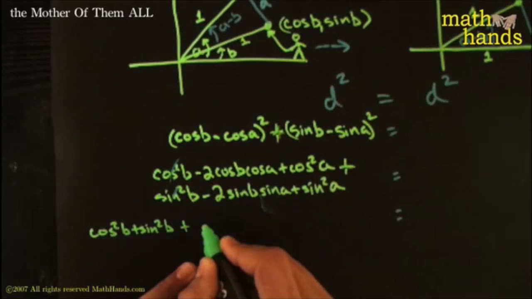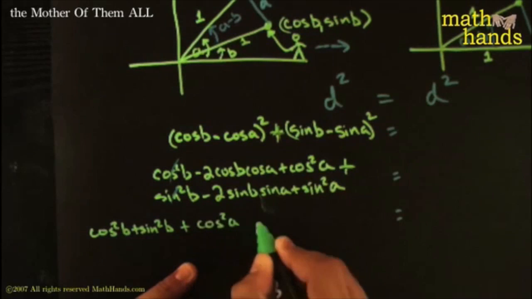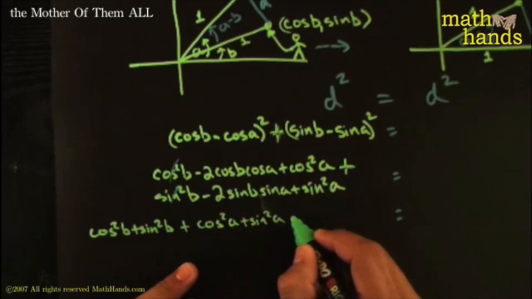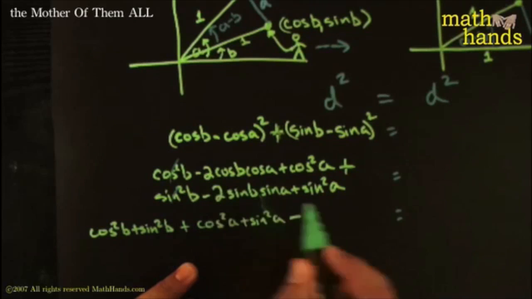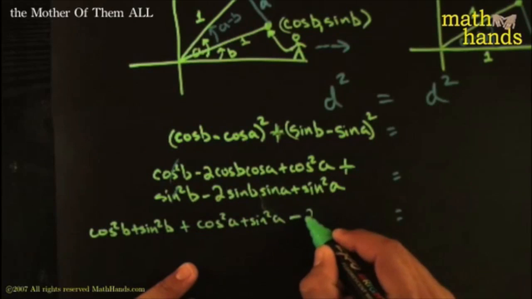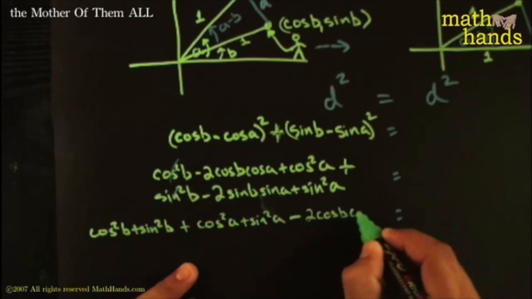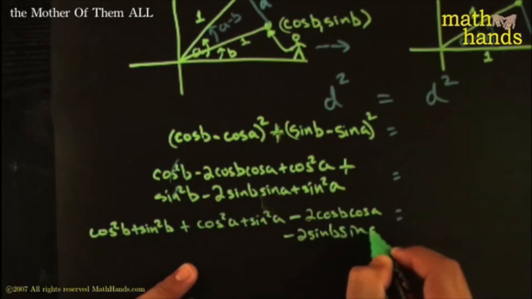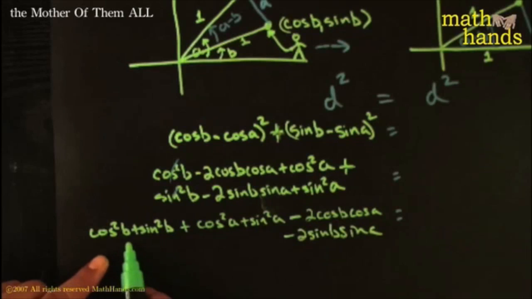Similar thing over here. We have a cosine squared A plus a sine squared A. I know these two are going to clean up into 1. So really all I will have will be these two minus 2 cosine B cosine A minus 2 sine B sine A. And I'll deal with those later. But this is equal to 1 and that's equal to 1.